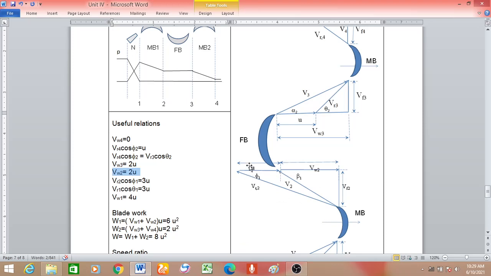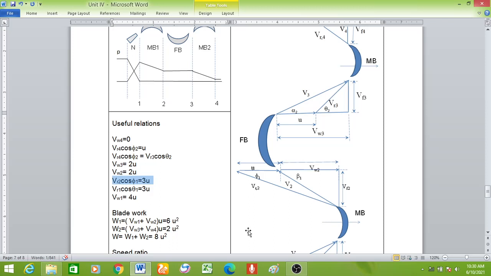So already we have u here, and now I want Vr2 cos phi 1, the entire distance, which means u plus Vw2. Vw2 is 2 times u, and one more u is there. So the entire tangential component from here to here will be u plus 2u, equal to 3 times u. So Vr2 cos phi 1 will be equal to 3u.